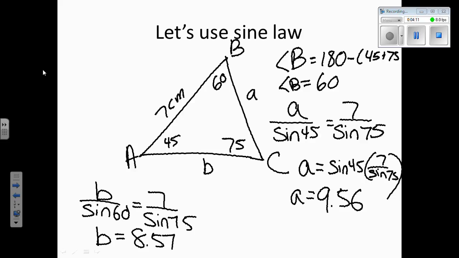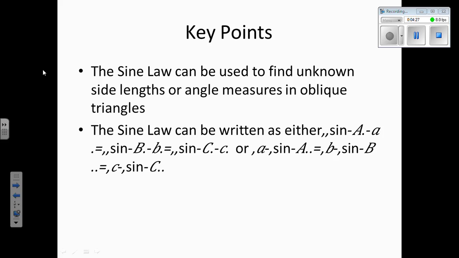Okay, so our formula for sine law is as follows. A over sine A is equal to B over sine B is equal to C over sine C. As long as we have 3 of those items, we're able to solve for any one of them. So key points, the sine law can be used to find unknown side lengths or angle measures in oblique triangles.